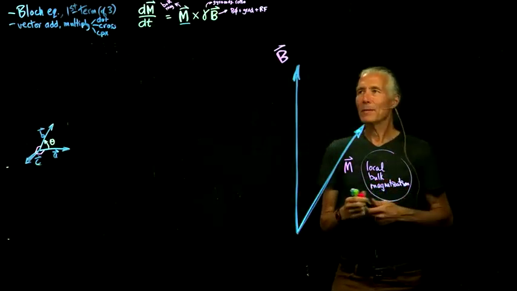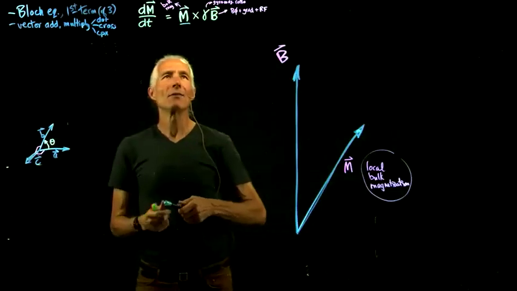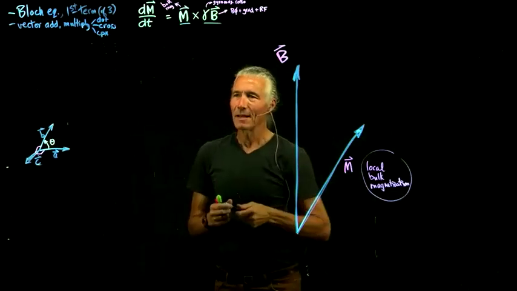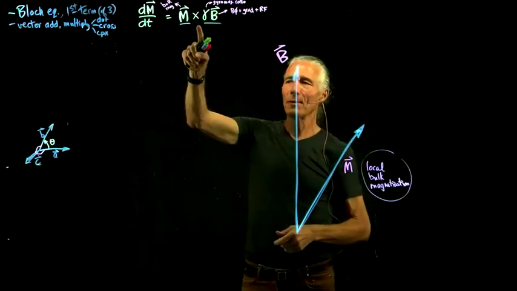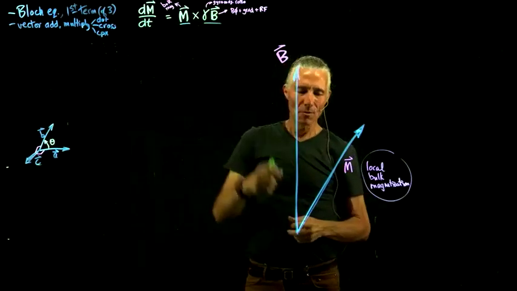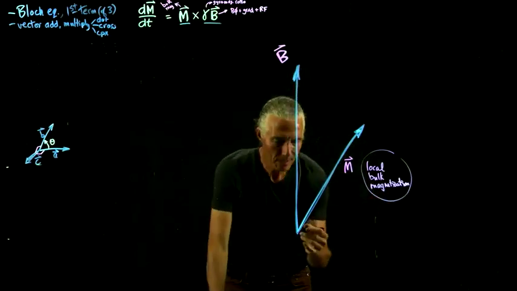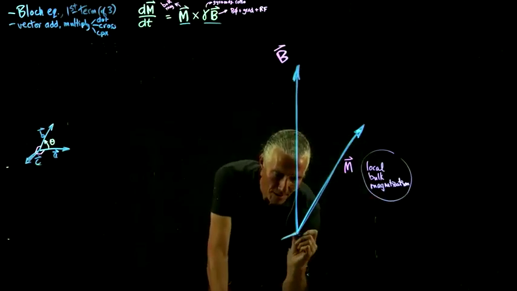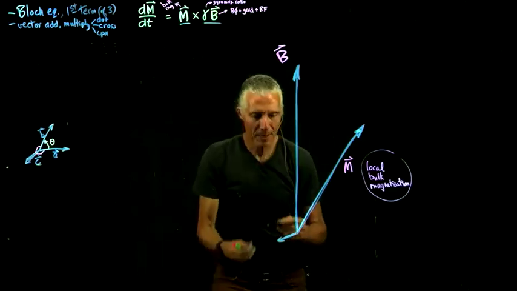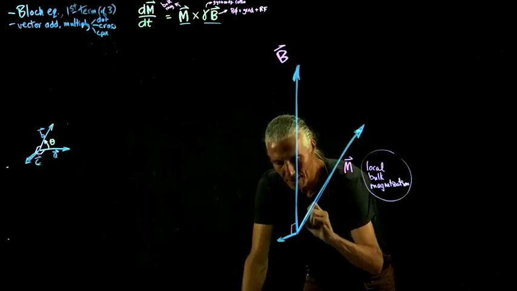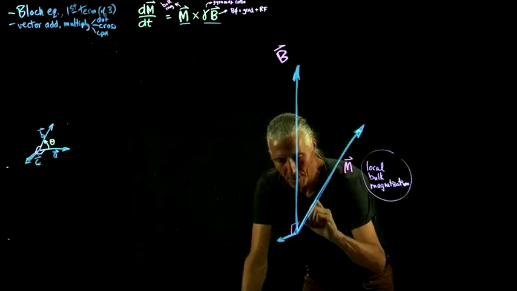And now the problem is, how does that change? And so the way we calculate it, we just do a cross product. And so what is the cross product? The cross product is going to be another vector that's perpendicular to both of these guys. So it'll be perpendicular to this guy, but it'll also be perpendicular to this guy.